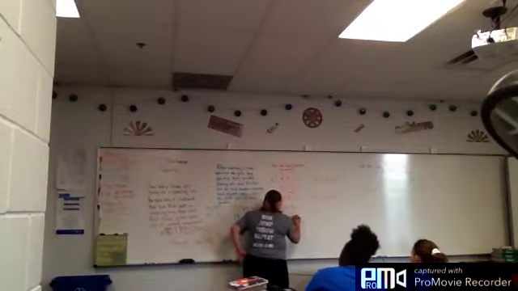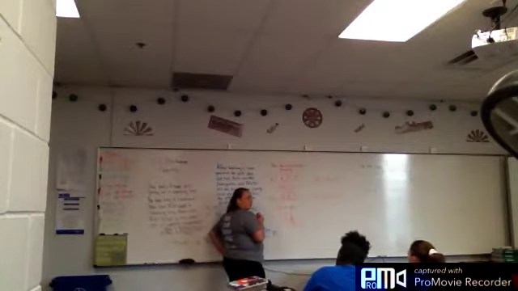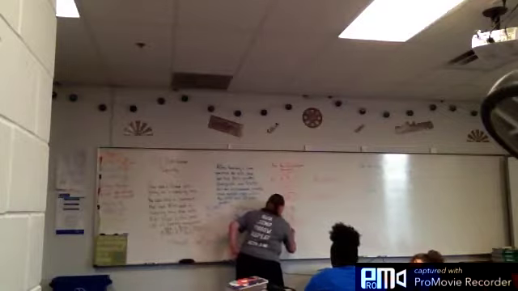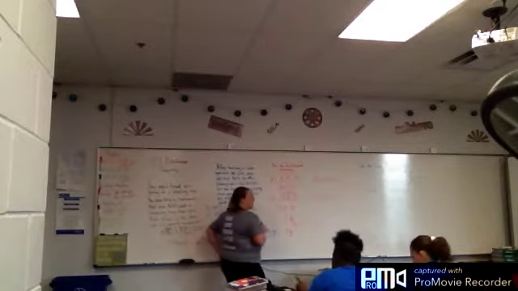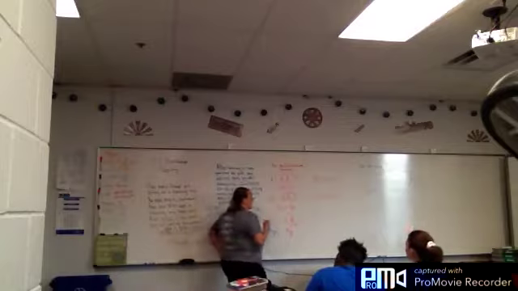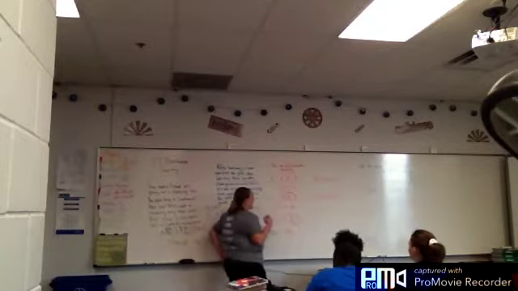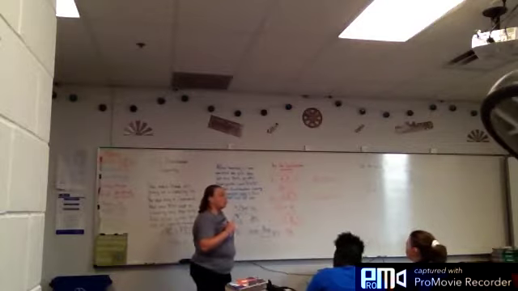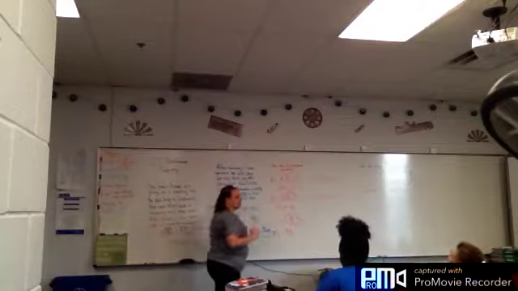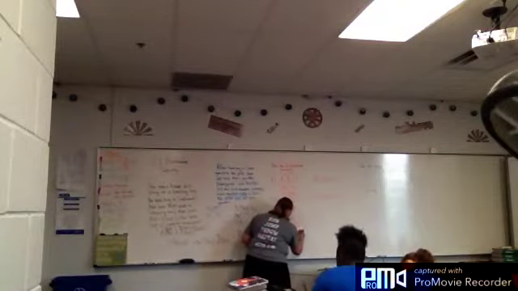What's negative 5 times 2y? Negative 10y. Now, am I done? No. I have to distribute negative 5 and 3. So what's negative 5 times negative 3? Positive 15. A negative and a negative is a positive.